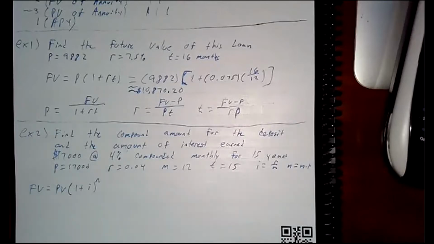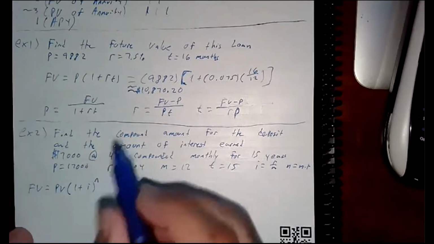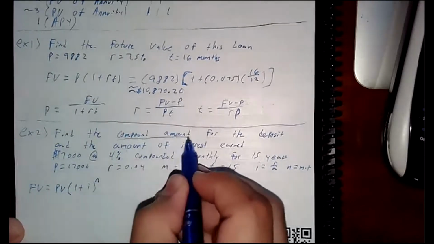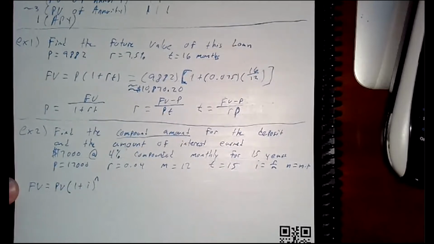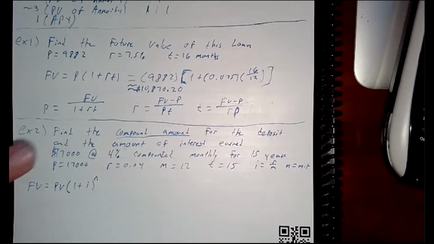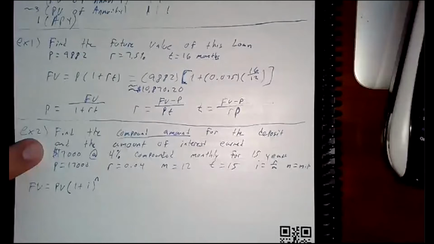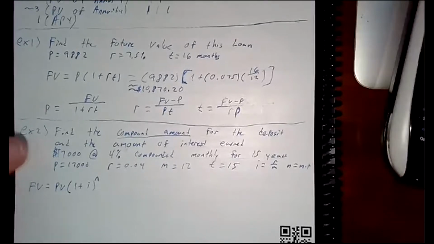So they said the compound amount is what they want, right? Compound amount. When they say that, they just want the interest earned. They don't want the total future value. But we're still going to use this guy to find the total. We will then subtract 17,000 from it, and we should get the compounded amount.